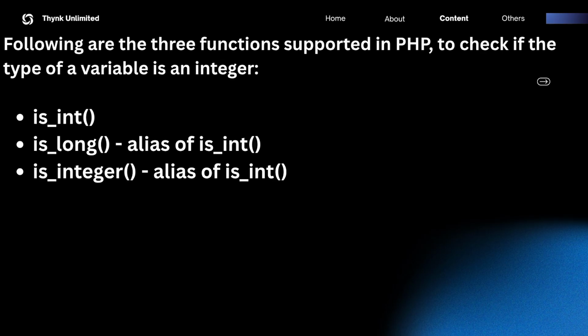PHP provides three equivalent functions to check if a variable is an integer: is_int, is_long, and is_integer. All three return true if the variable holds an integer and false otherwise. These functions are critical for input validation, data verification, and debugging. In practice, most developers prefer using is_int because it's short, clear, and commonly recognized in the PHP community.